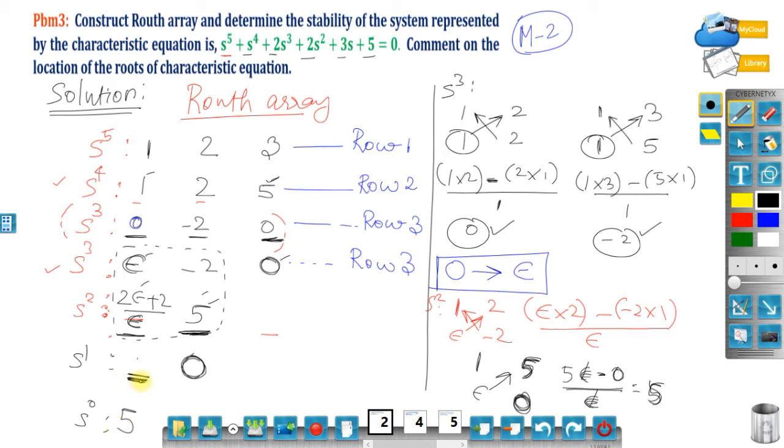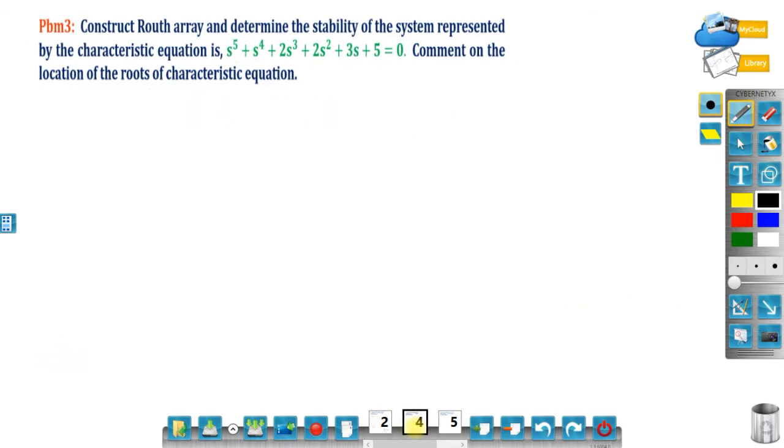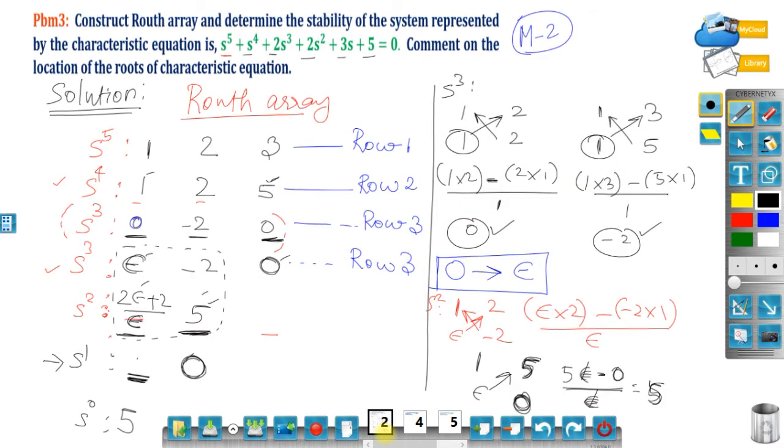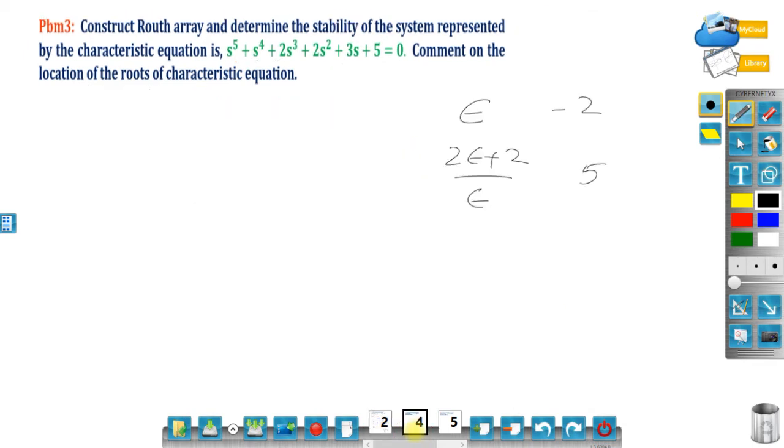Right? So in order to calculate this term in the s power 1 row, what you have to do is take these parameters, I mean eta minus 2, 2 eta plus 2 by eta and 5. Right? Eta minus 2, 2 eta plus 2 by eta and 5. And this is the matrix I need to work with.